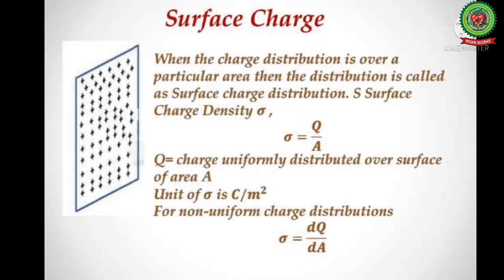Surface charge distribution. Students, when the charges are distributed in a particular area, then this distribution of charge is said to be surface charge distribution.